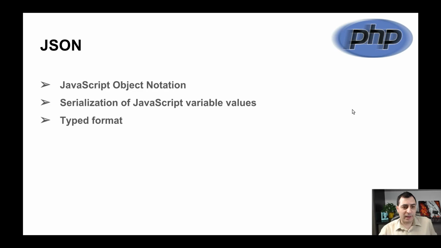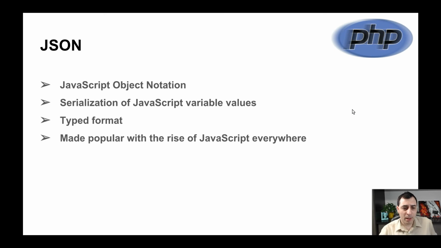It is basically a typed format, which means that implicitly the definition of the format specifies what is the type of each value. It has been made popular with the rise of JavaScript being used everywhere, not just on browser side, but also on server side and even on mobile applications. So JavaScript is pretty popular these days.